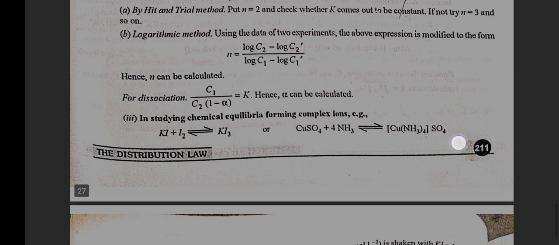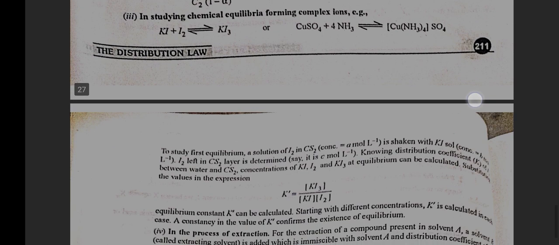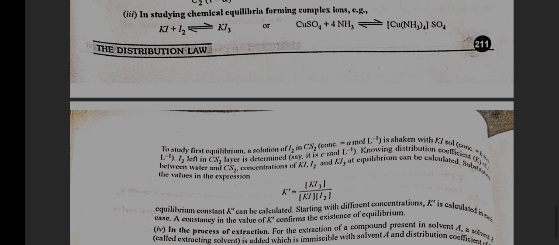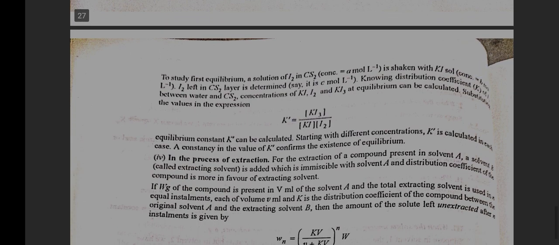Third, in studying chemical equilibria forming complex ions. KI plus I2 tends to KI3, or CuSO4 plus 4NH3 tends to Cu(NH3)4 SO4. To study the first equilibrium, a solution of I2 in CS2 is shaken with KI solution. I2 left in the CS2 layer is determined.